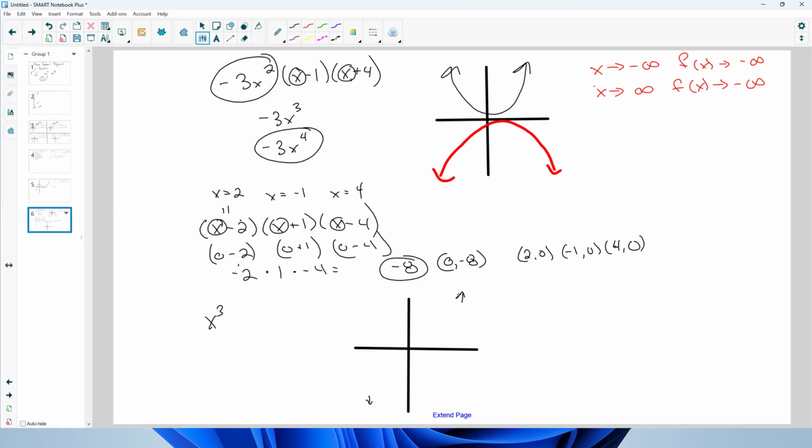Now I gotta plot all my points. So first I'll do -1. Let's say that's right there. Then my 2, 0, and then my 4, 0. And then I need to plot 0. Oh, you know what? I want to see if y'all can. It's not -8; it's +8.